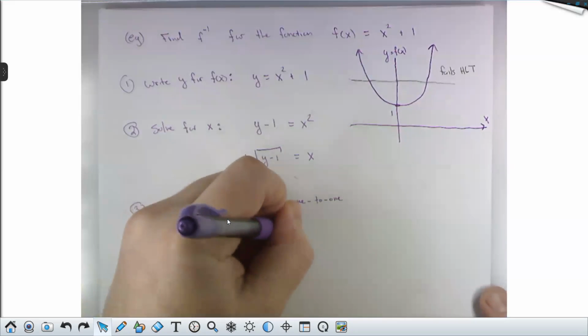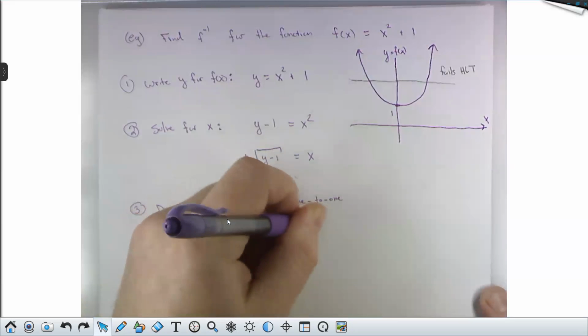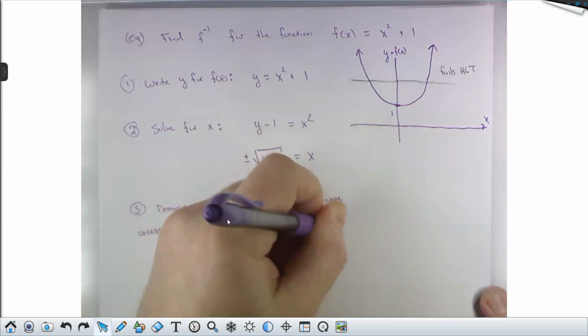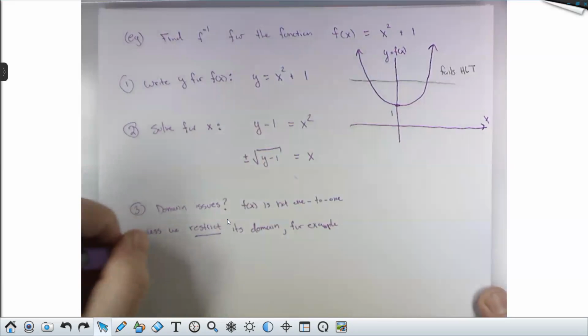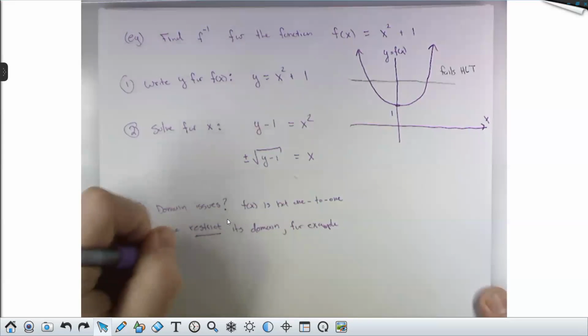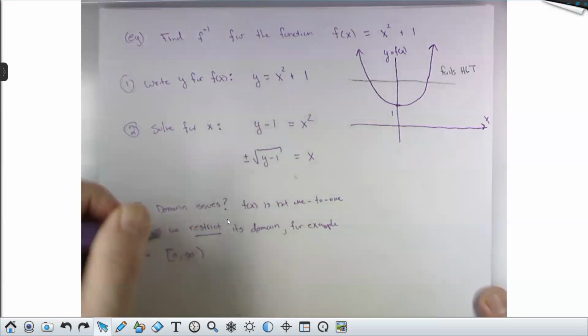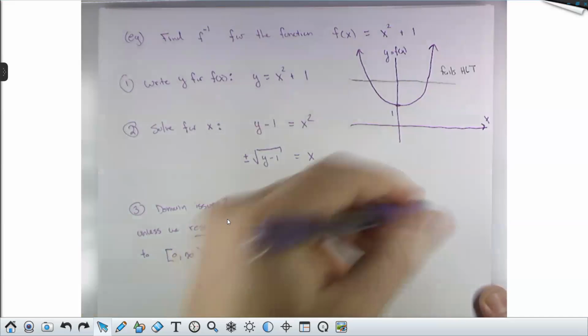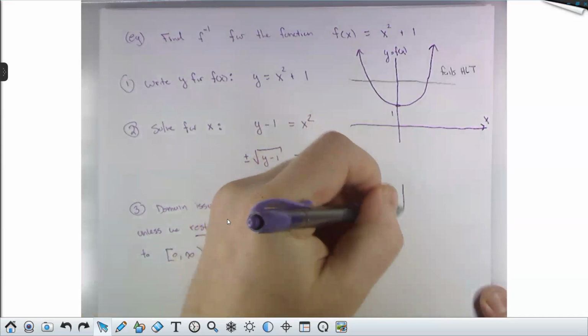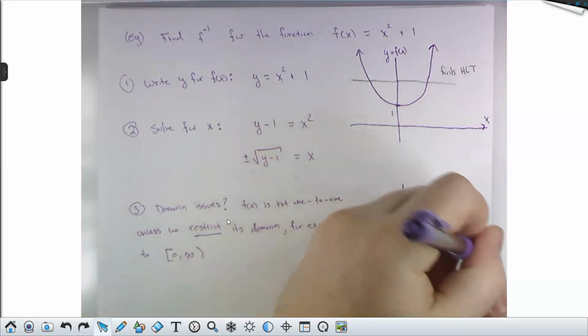So if I restrict the domain, for example, to the interval 0 to infinity, like this, then that will be 1-to-1.